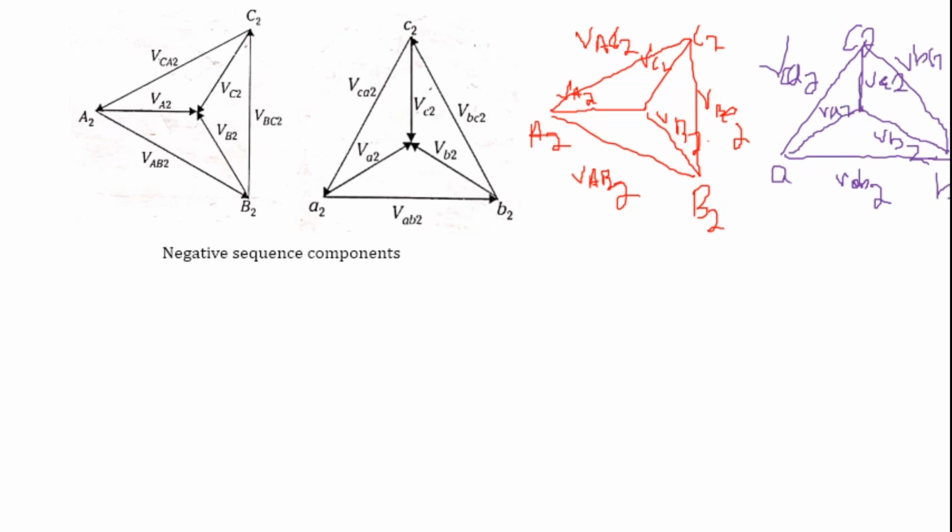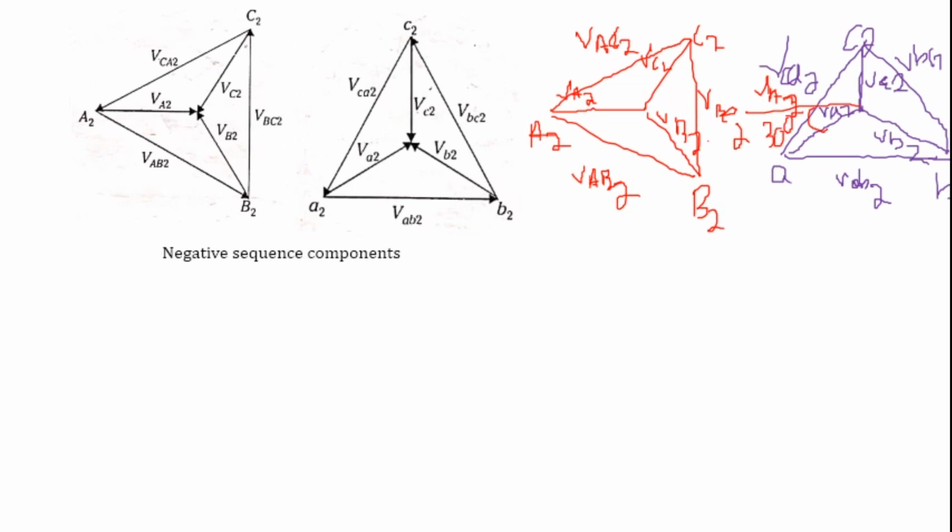And this is VA2. If you look at that, what is the angle between capital VA2 and small VA2? The angle made here is 30 degrees.